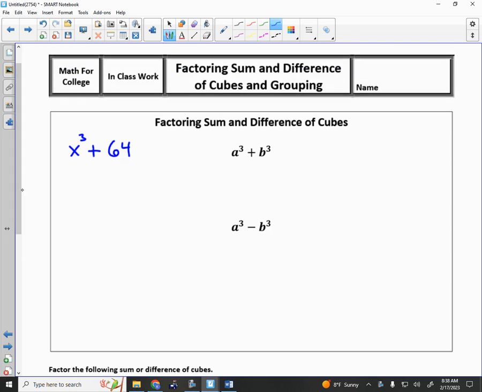Just to give you an example, you've learned that x squared minus 9 factors to x plus 3 times x minus 3, because those are perfect squares. But if you have x squared plus 9, that does not factor to x plus 3 times x plus 3.